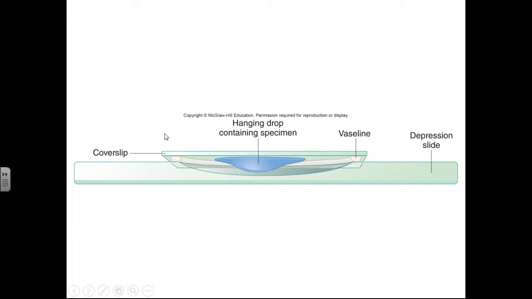So we can have a hanging drop specimen. Sometimes that specimen is going to be hanging off the cover slip that you put over the concave indentation. Usually, though, in most situations, you'll see the specimen just dropped directly in the pool and then have the cover slip put over the top. And this entire pool or depression is filled with liquid.